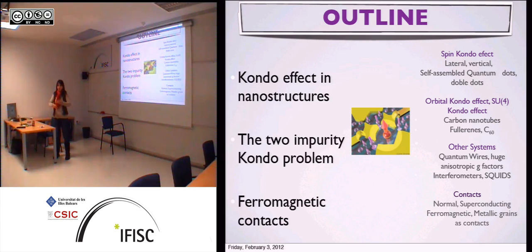So this means that if you have a ferromagnetic contact, then you have some exchange field, and this means that the Kondo effect is split. Here we plot the splitting versus the gate of the dot, because the splitting not only depends linearly on the polarization but also depends on the occupation of the dot.